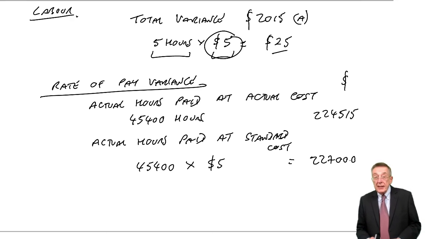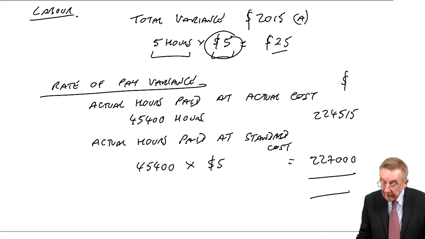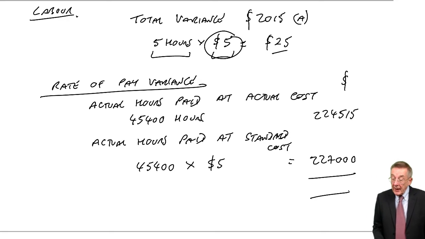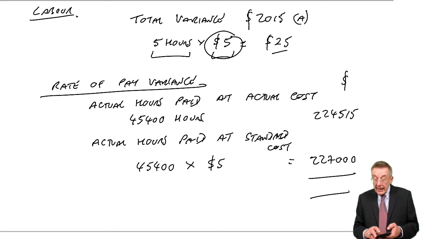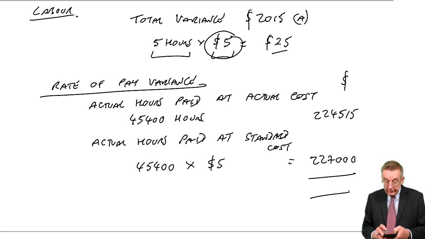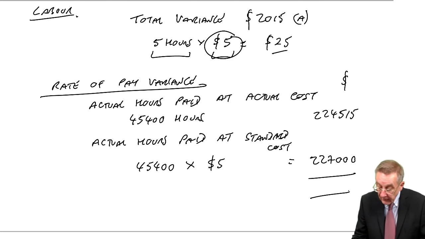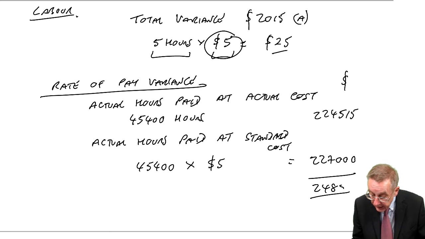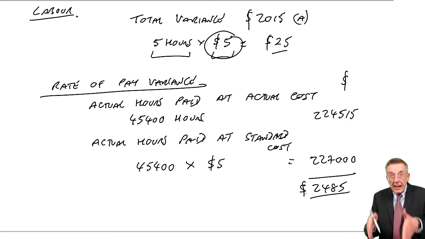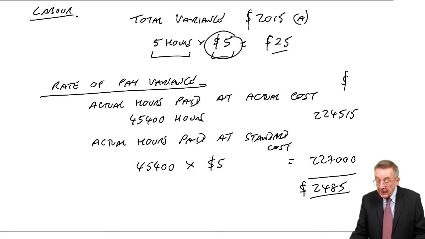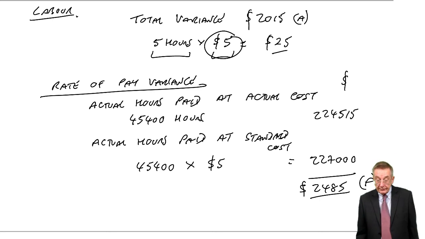So here we actually did rather well. We paid a lot less than we'd have expected, and it saved us $2,485. We paid less than expected, it saved us money, which means more profit, so it's favourable.